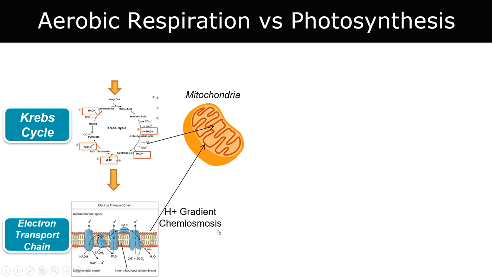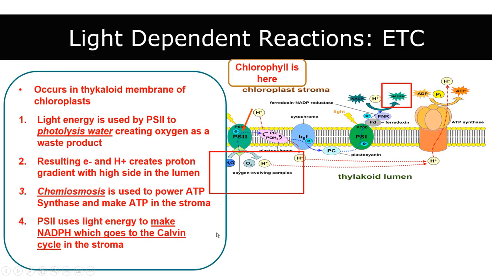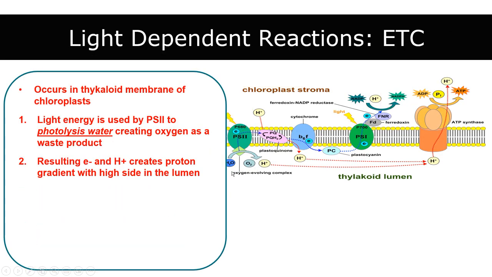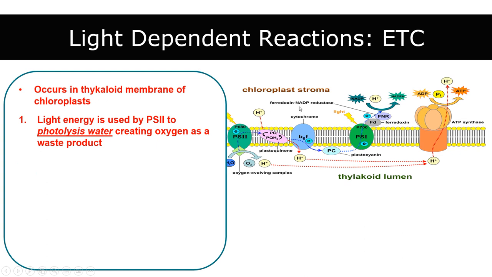So these are very related processes. They're very similar, right? But the source of those protons, the source of the electrons, is what is different here. So in respiration, right, we used our NADH and our FADH2. That's where our electrons and our protons were coming from in order to do the electron transport chain reactions.